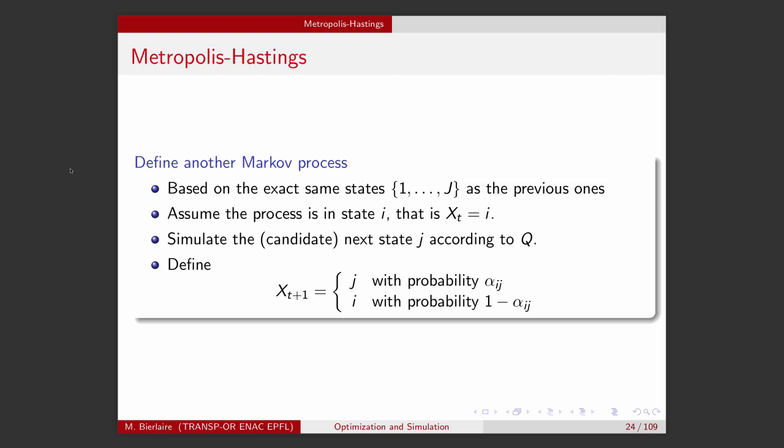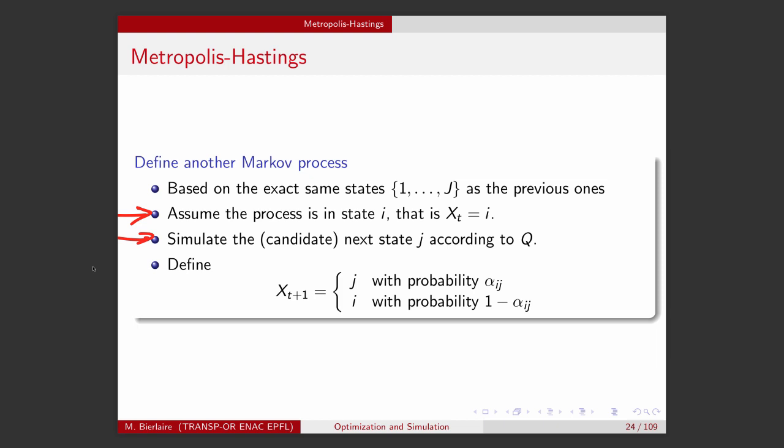How? We will use the first one to generate a candidate. Okay, so suppose that we are now in state I of the process, and now I use my first process, the one that I designed to explore the space, to jump to another state, J, according to the transition probability capital Q. And now what I will do, I will decide if I keep this state or not.